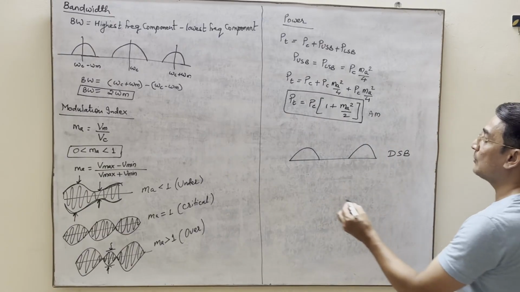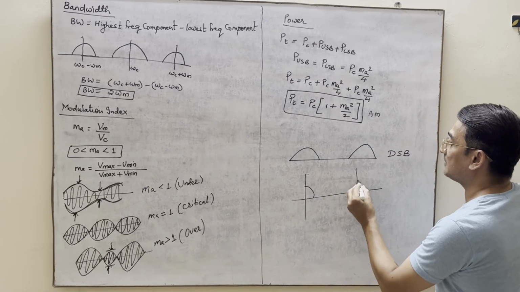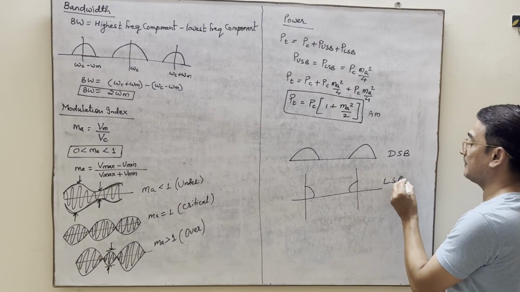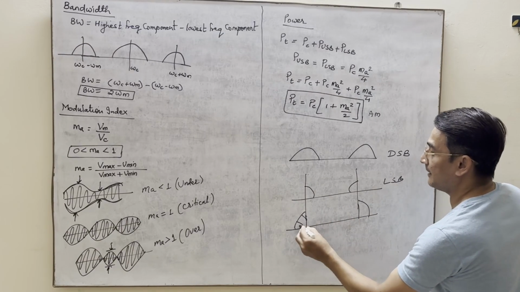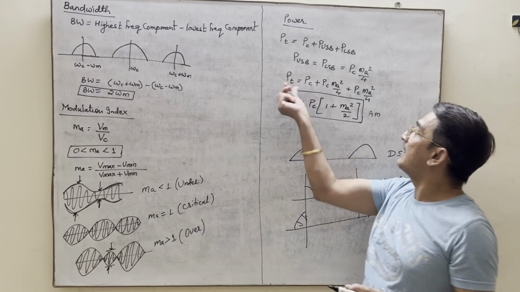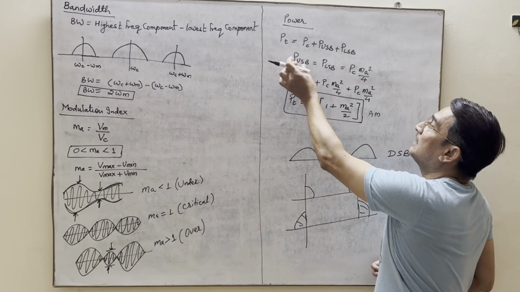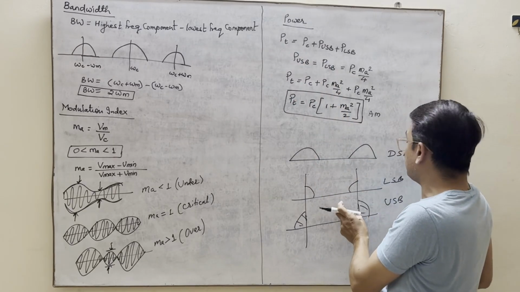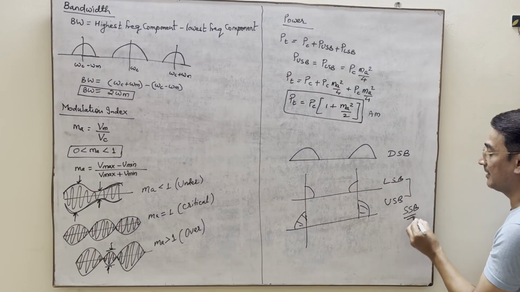So what you can do is either you can transmit the lower sideband or you can transmit the upper sideband. In both cases you can get the desired frequency omega m. So obviously both these concepts are known as single sideband.